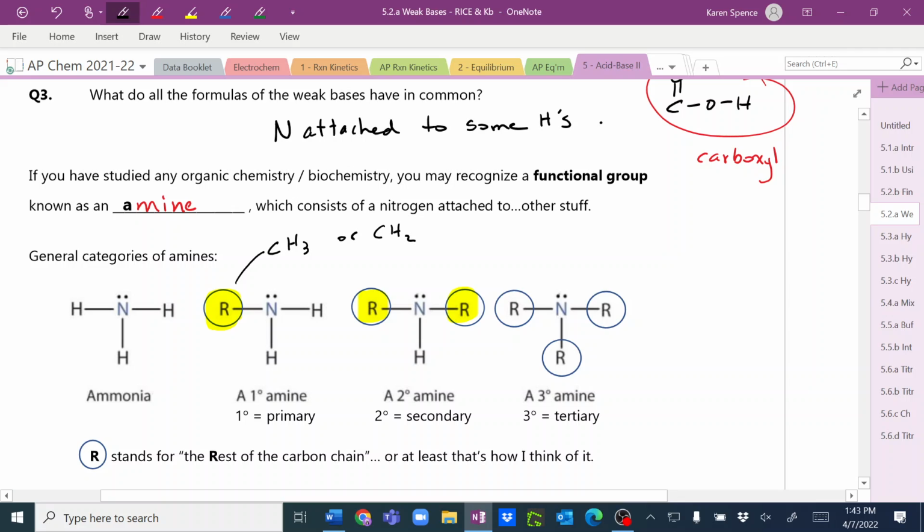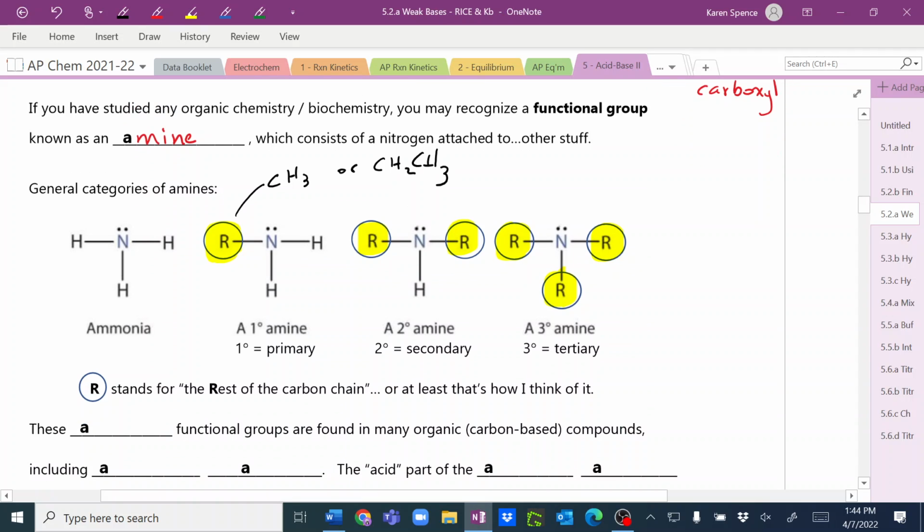Did I get it backwards? Biology people, did I get it backwards? Does that sound good? Okay. I thought it was right, but it's been a while. And then we have 3 R groups, which is the rest of our carbon chain, and that's called a tertiary amine.